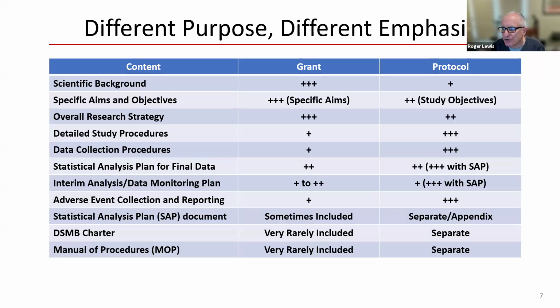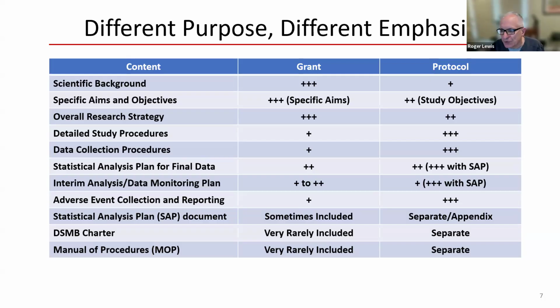The overall research strategy, because it's a main part of why someone should believe you might be successful and should fund you, is usually quite detailed in a grant. We usually spend just a paragraph saying what the overall trial design is in a protocol. A lot more detail about the clinical trial itself is in a protocol, whereas in the grant, you're just trying to describe it in enough detail so people believe you know what you're talking about and can do it.